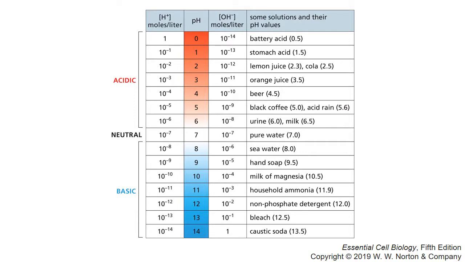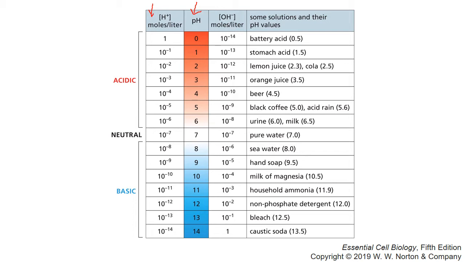All right, so here we have our pH scale. As you can see right here in the second column, the pH scale from a quantitative standpoint will run from 0 to 14. And what you can also see in the first column is that it's taking a look at the amount of hydrogen ions that a solution has, okay?